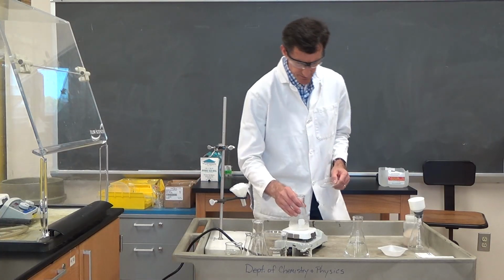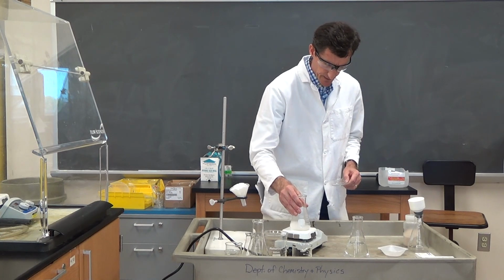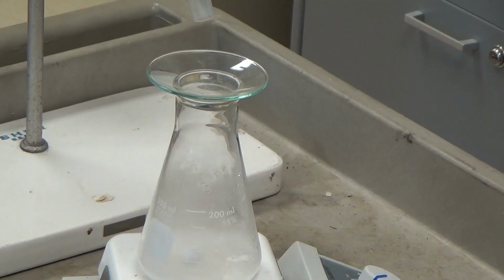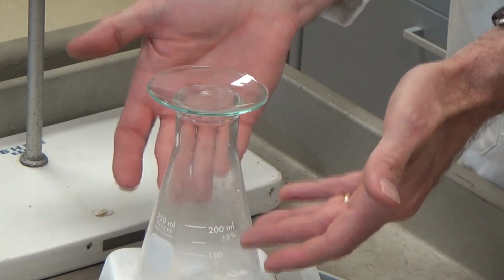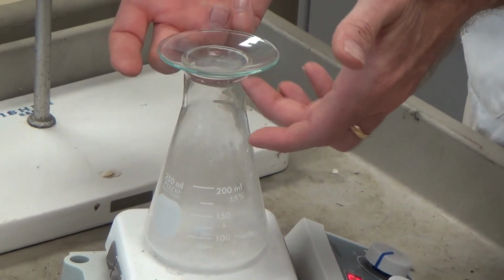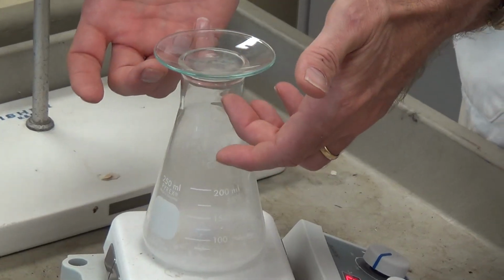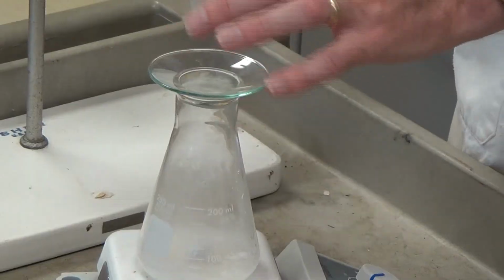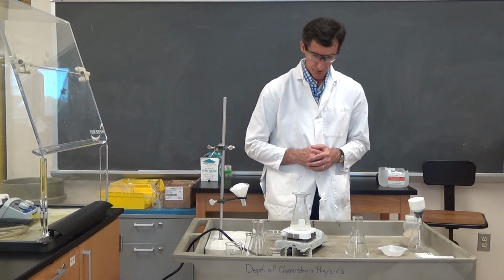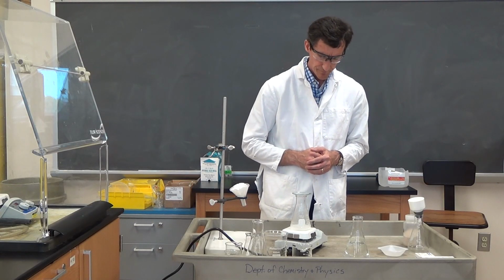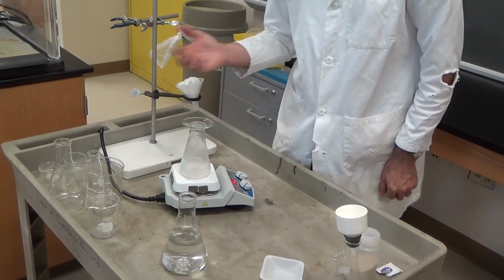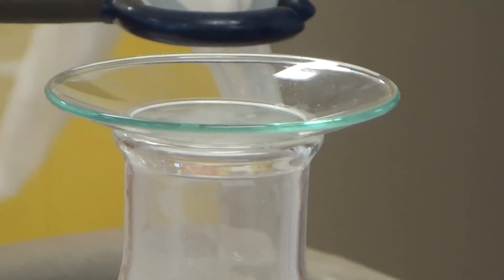While heating, a good little trick is to cover your flask or beaker with a watch glass. As vapors come up, they can hit the watch glass and they can then condense and then fall back down. And so you won't lose your solvent that way by evaporation. Also, once the solvent starts dripping from your watch glass, that tells you that it's indeed boiling.